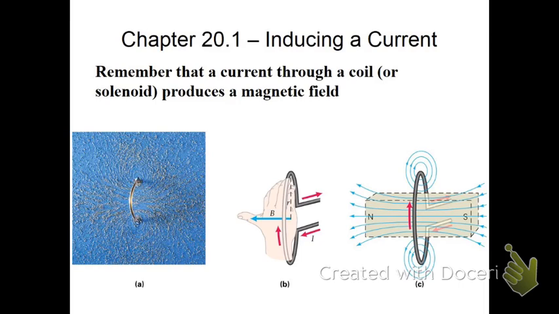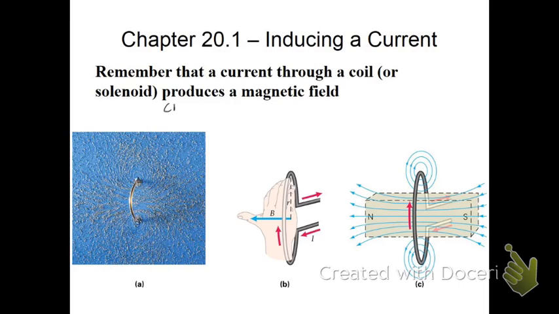And we're going to be continuing our discussion of electromagnetism, the relationship between electrical current and magnetism. We're going to learn something today about that phenomenon, but first we're going to recap what we know about how we make a magnetic field.